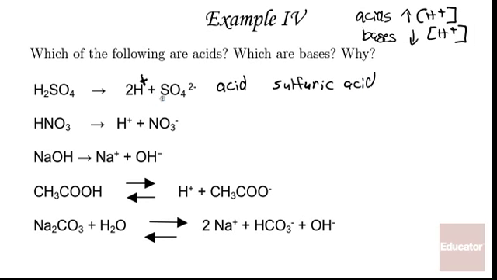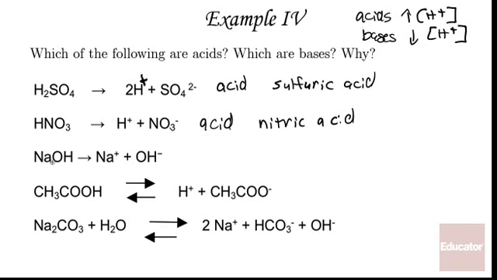And it dissociates to form sulfate plus hydrogen ions. HNO3 dissociates to form H+ and NO3-. Again, since this is dissociating to form hydrogen ions, it's increasing the concentration of hydrogen ions, and therefore it's an acid. This is the strong acid, nitric acid. And it's dissociating to form hydrogen ions plus nitrate ions.